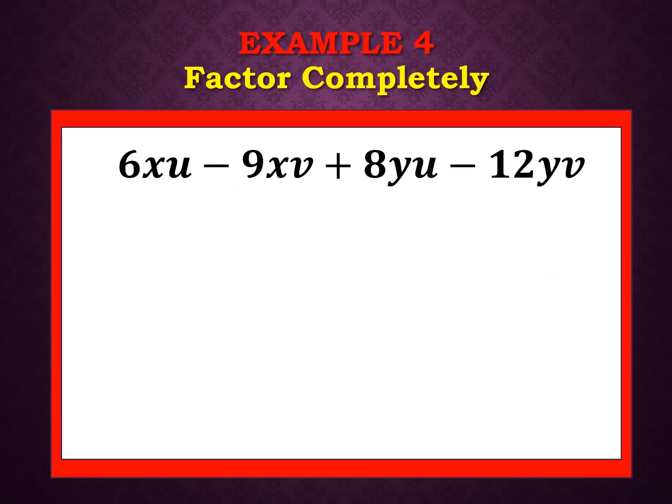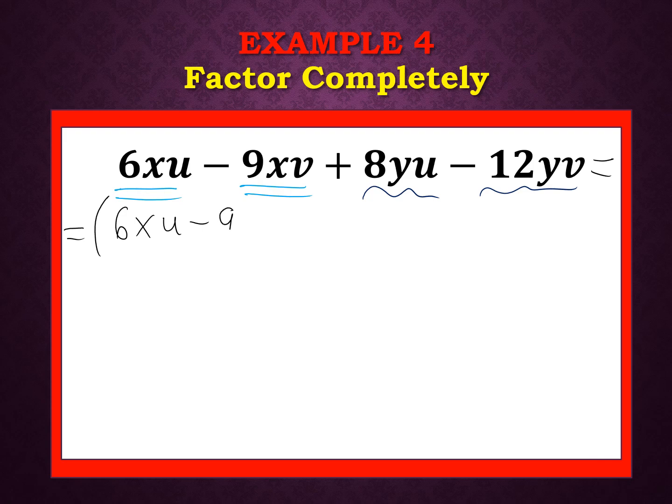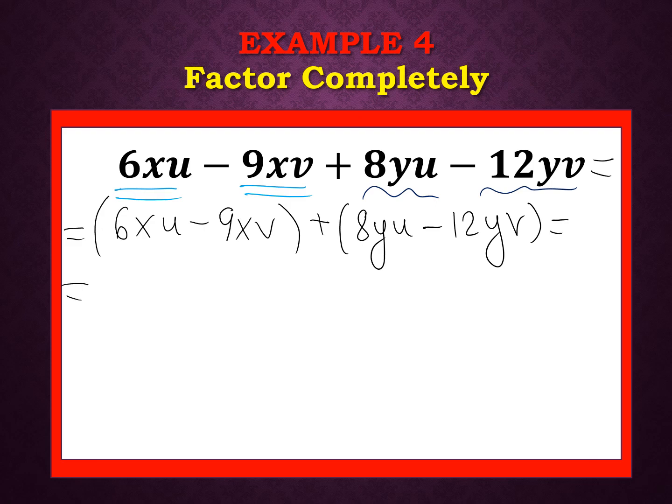Example 4. We will combine the first term and the second term and the third and fourth. So we have 6xu minus 9xv plus 8yu minus 12yv. Now in the first parenthesis we have common factor 3x.